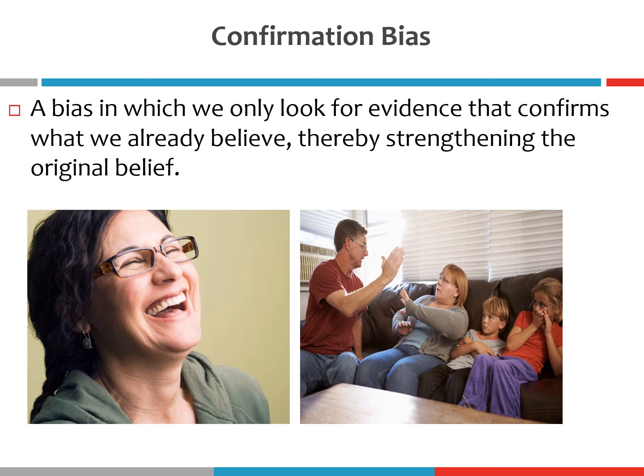So this is kind of a silly example, but let's say that one of your favorite pastimes is telling jokes, right? So you like to be funny, you like to joke around.